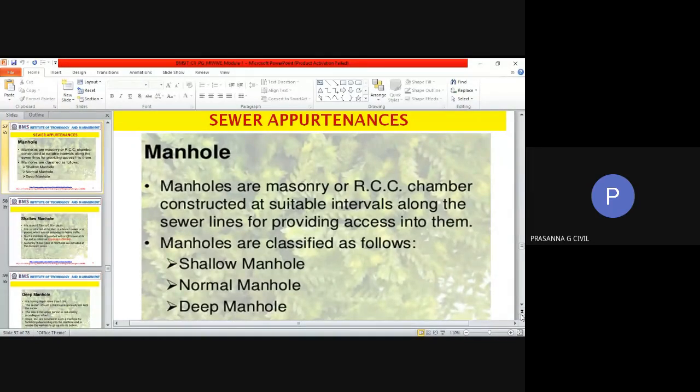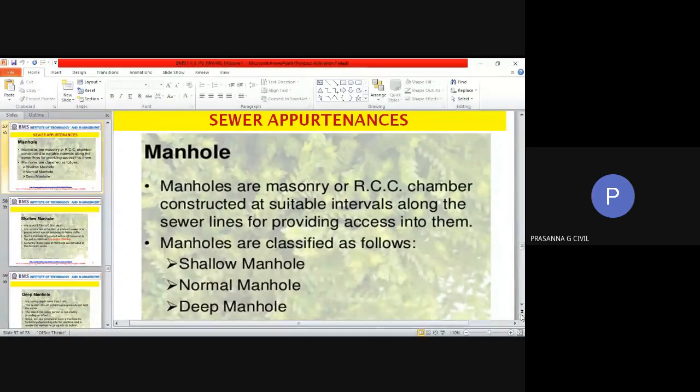So both the pipes are not meeting at the same level. Okay, so if you have change in direction in the sewer pipe work, or you have change in gradient, and along straight lengths at some distance apart, we will have the construction of a manhole. Okay, so when you describe a manhole, you should tell the purpose and how or where they should be located.